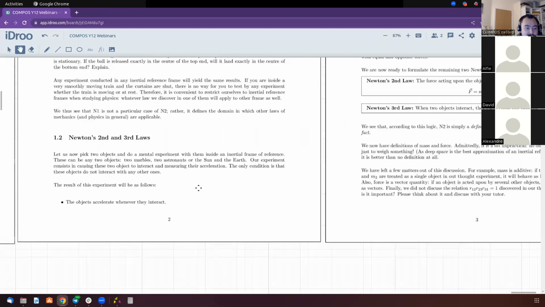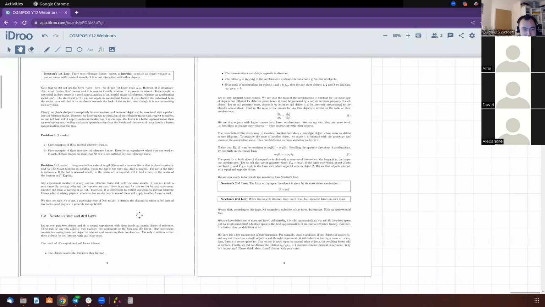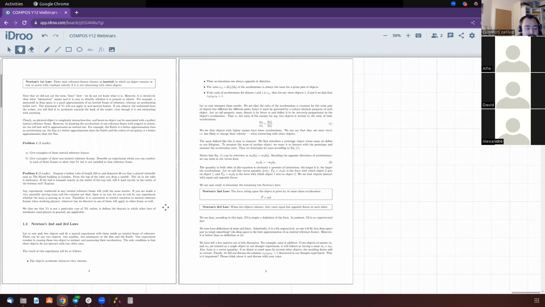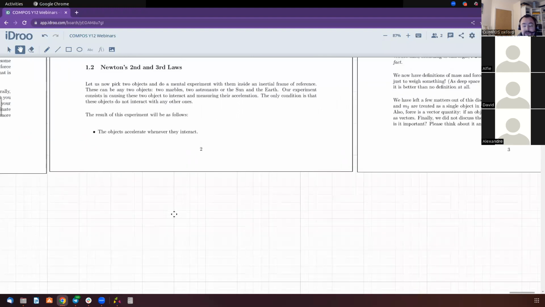Newton's second law. So what we're trying to show you here is how to define mass and force. Okay. And I'd like to ask you a question. How do astronauts find their mass?